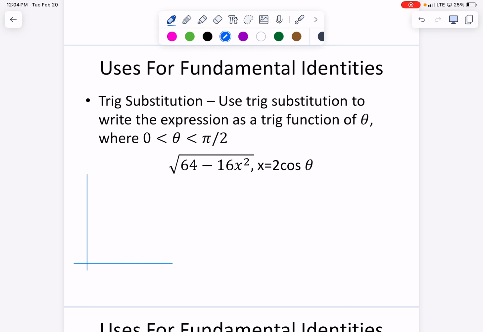If I needed to draw a triangle with this, then x over 2 is equal to the cosine of theta, and theta is equal to the arc cosine of x over 2.